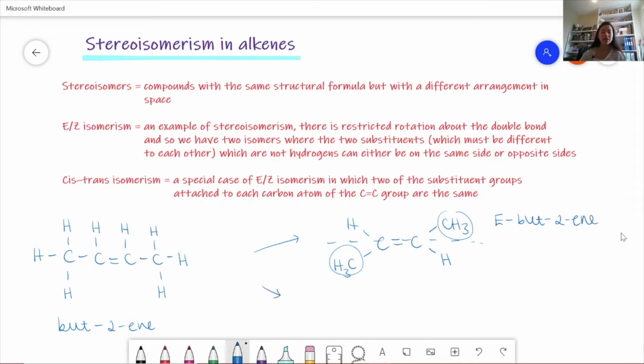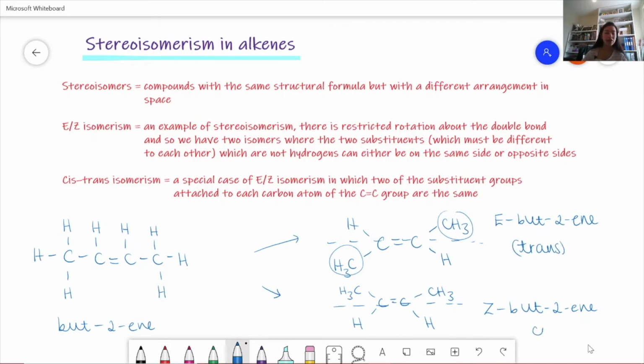Whereas if we wrote it like this, so we had the carbon-carbon double bond, and we had CH3, and then another methyl group here, and hydrogen, and a hydrogen, this would be Z-butene. And that's because if we divide this along the middle, horizontally, then they are on the same side, and so we call it Z. And for the E-butene, we can also call this trans, because the two substituent groups are the same.